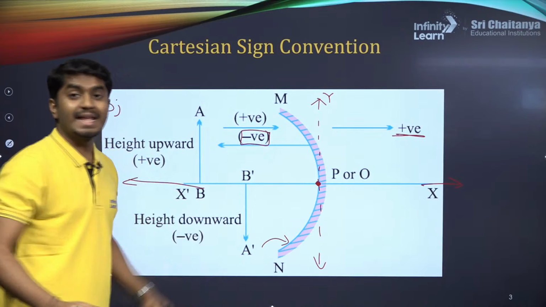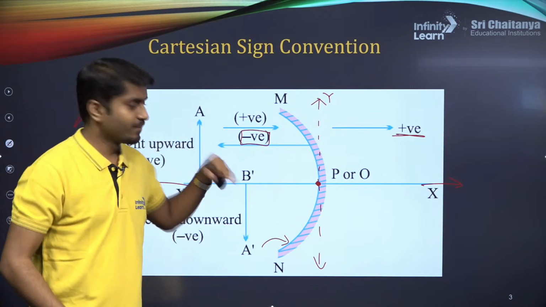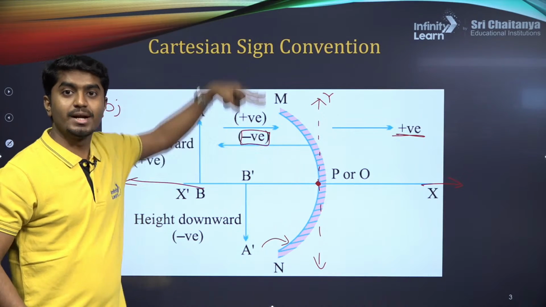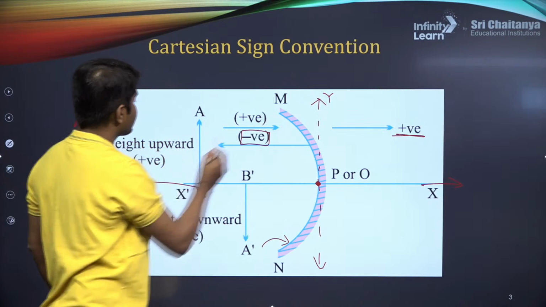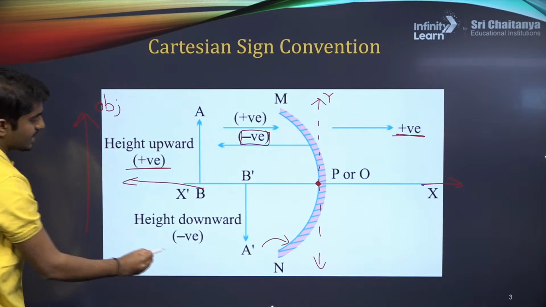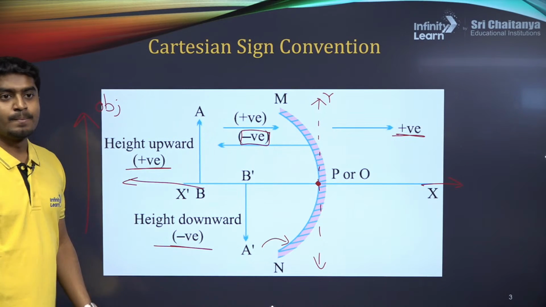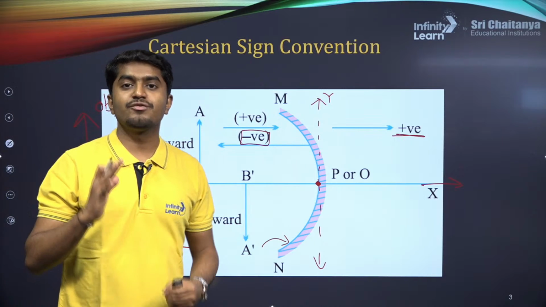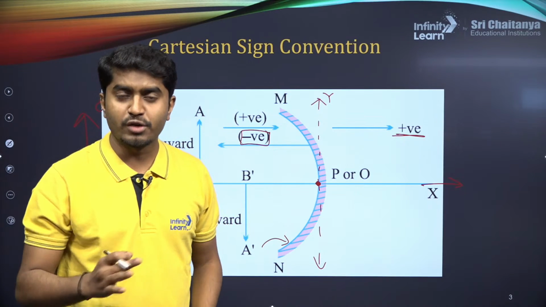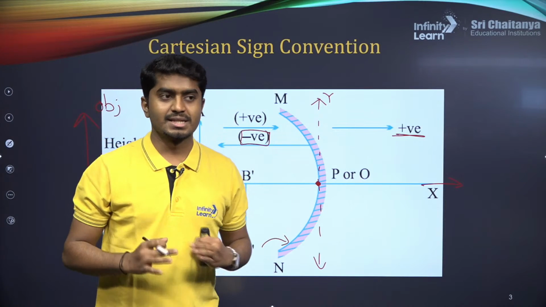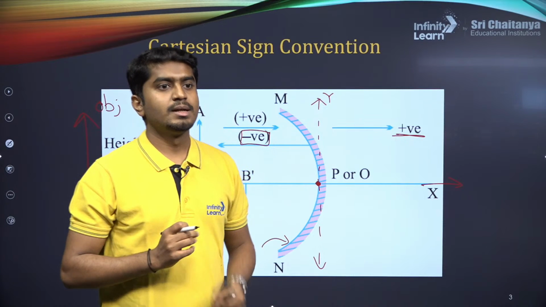If you go upwards, there is positive y-axis, so upward is positive, downward is negative. So this is the sign convention for the spherical mirrors, for both concave and convex. Clear? Alright, great.